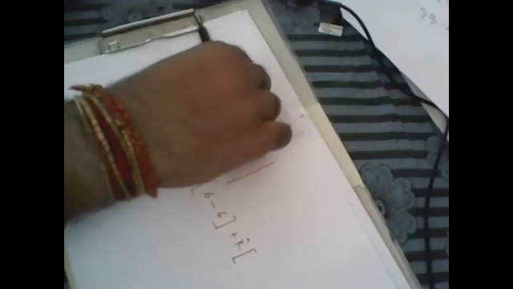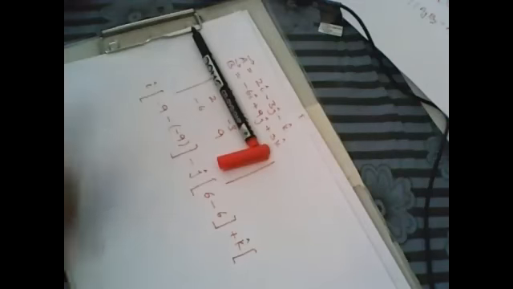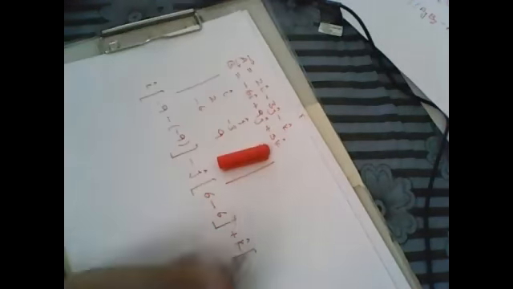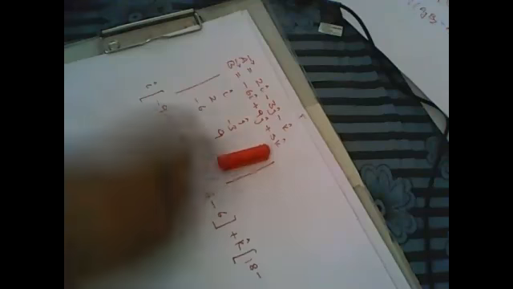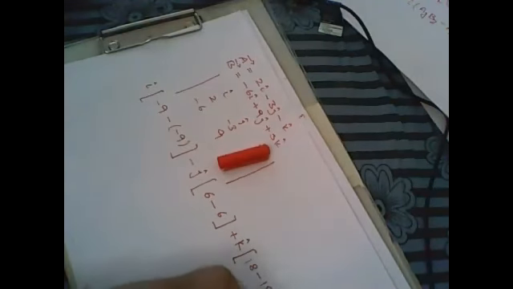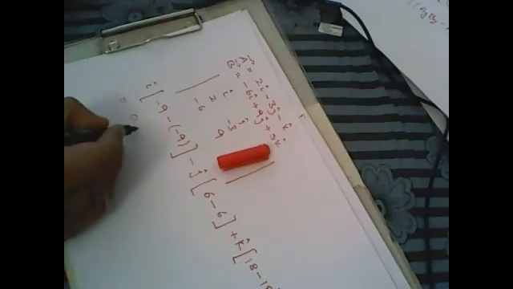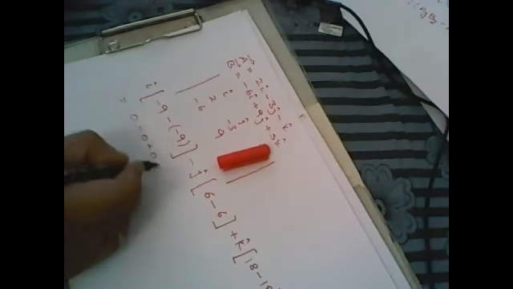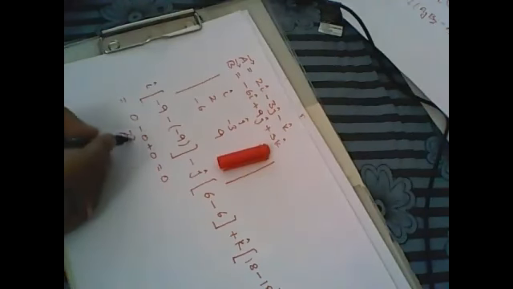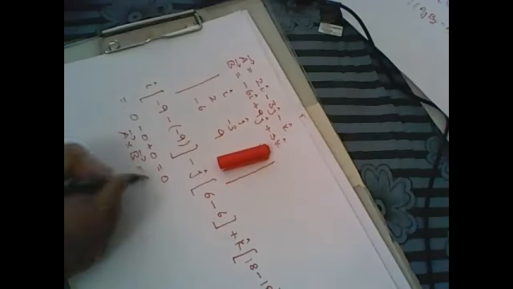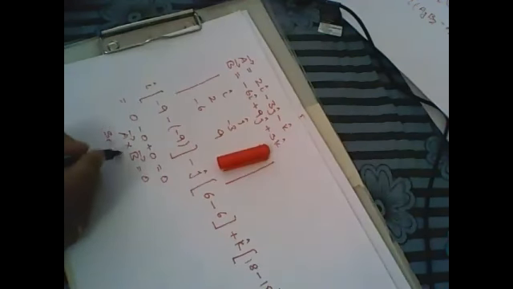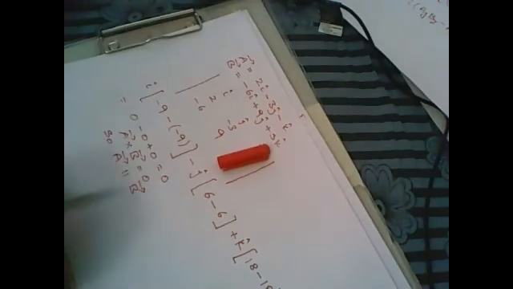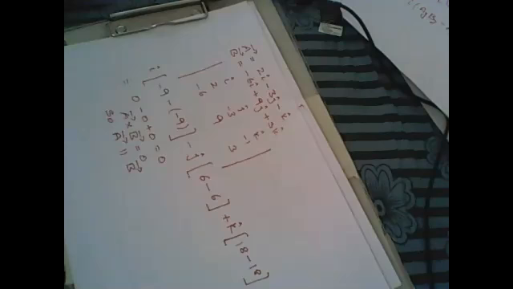These terms will be hidden out and the remaining multiplied. So 2 nines are 18, minus 6 threes are 18. 0, 0, 0. Now the cross product of the two vectors is 0, so a vector is parallel to b vector. I hope it is clear to you.